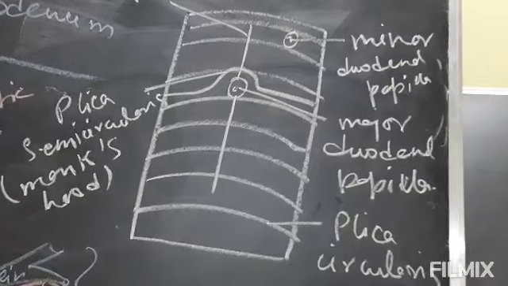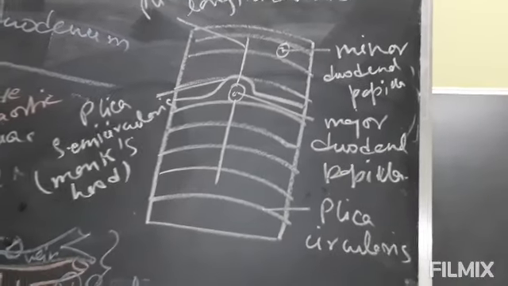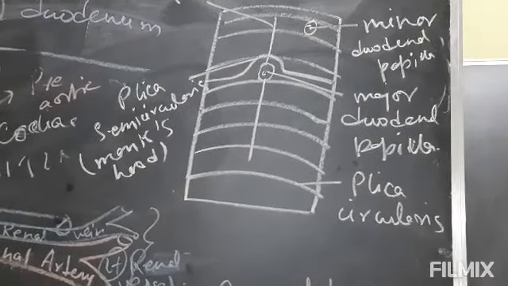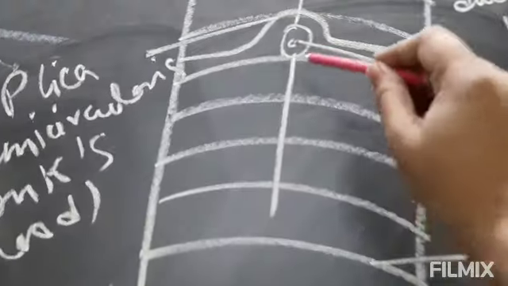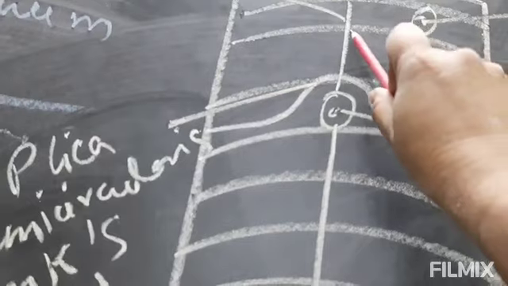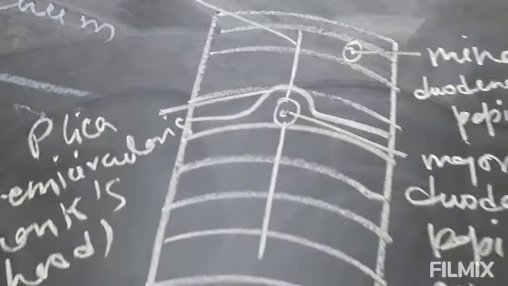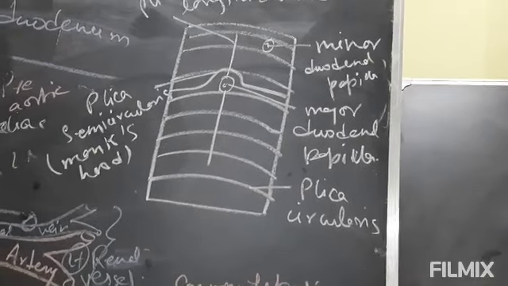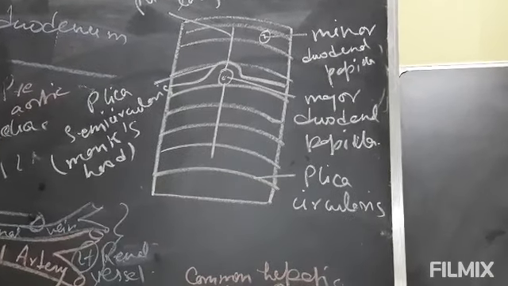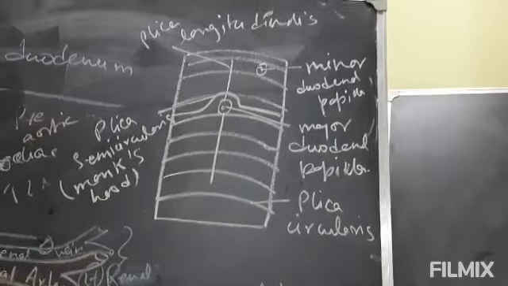So this is the major duodenal papilla, and this is where the bile duct and the pancreatic duct are opening. Now 2 cm above the major duodenal papilla, ventral to it, we will see one more papilla, which is the minor duodenal papilla, and in this the accessory pancreatic duct will open.